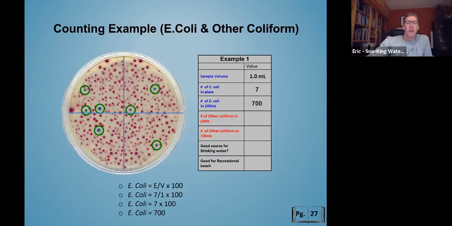So then the number of other coliform really depends on if you can count them or not. And another thing that you can do is you can see that this has been divided up into 4. I essentially take a Petri dish lid and I've made it a grid into 8. So I could divide it into 8. So I could count the amount of other coliform that are in 1/8 and then multiply it out.